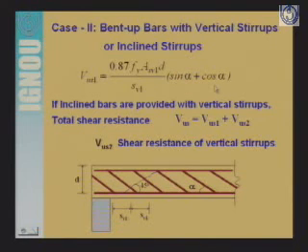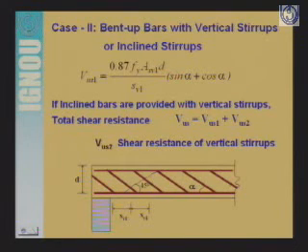That you can derive easily from this figure. But this is the shearing resistance provided by these bent up bars. Now, as we are taking these bent up bars with stirrups also, so this is one part of the shear resistance.